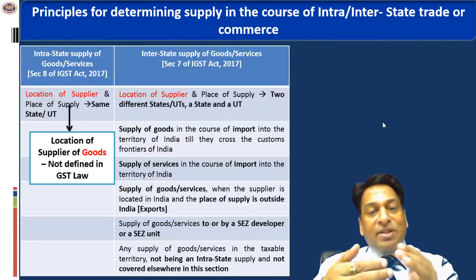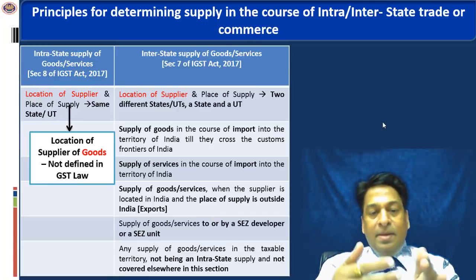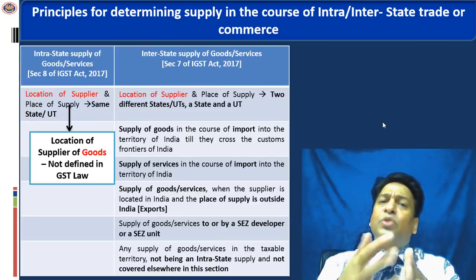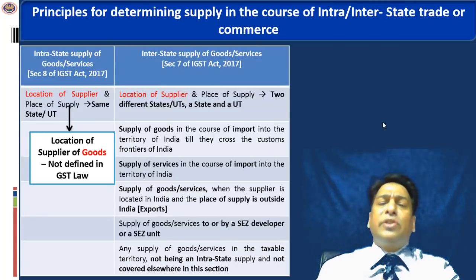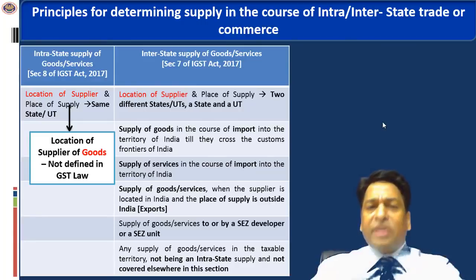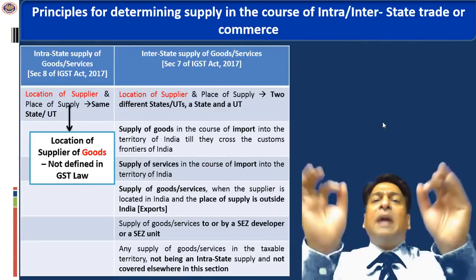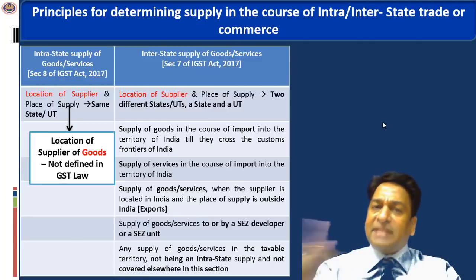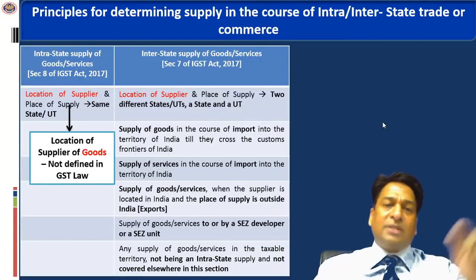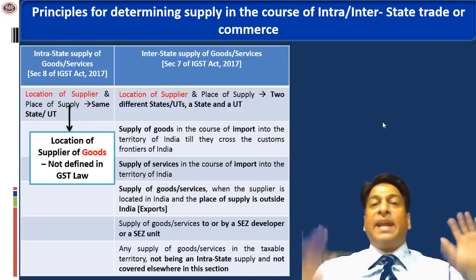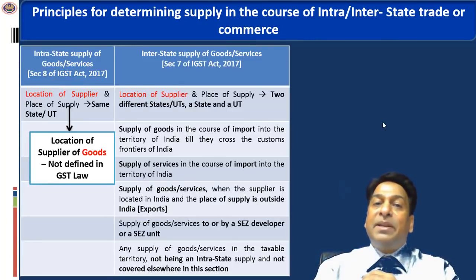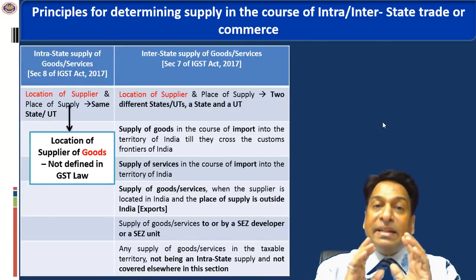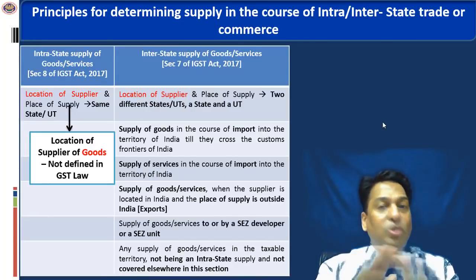So these three transactions, high sea sale, inbound sale, and the third country transaction, which is not entering the territory of India, are part of Schedule 3, meaning thereby it is neither a supply of goods nor a supply of services. Well said. But as per Section 7, high sea sale can be considered as interstate supply but no GST leviable.